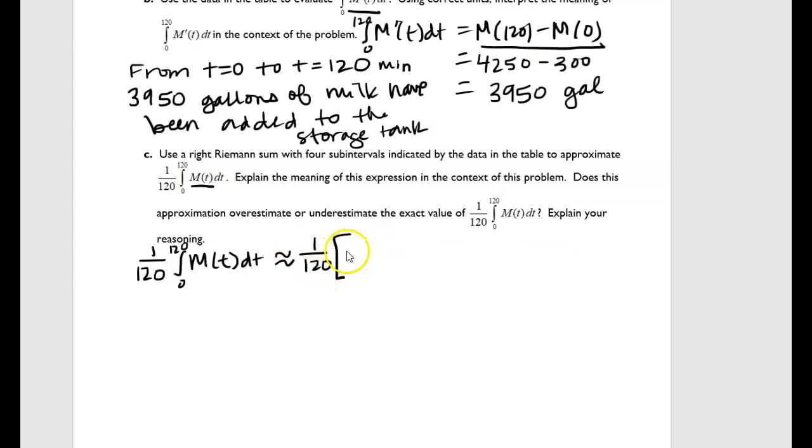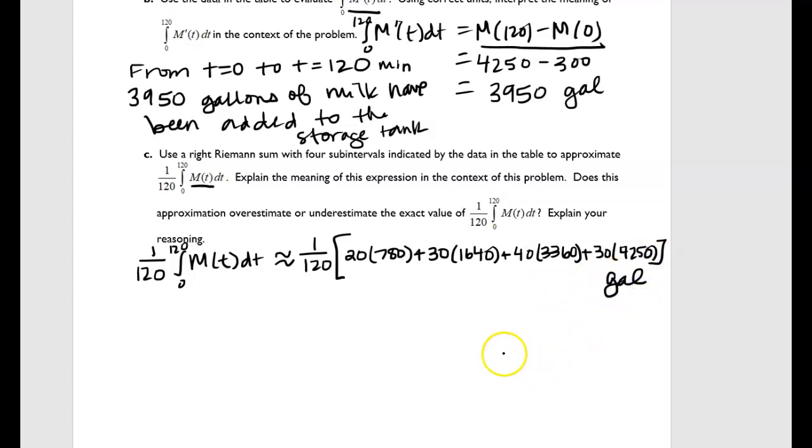So we said it was 20 times 780 plus 30 times 1640 plus 40 times 3360 plus 30 times 4250. Now, as long as you put units on this, you could leave your answer right there on the AP test. And I would actually recommend you leave it there. Do not simplify it if you don't have to. Even if you have your calculator, you might mess something up.